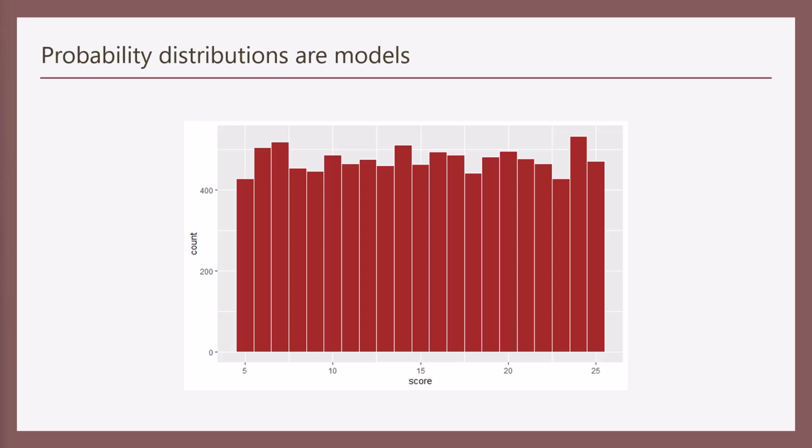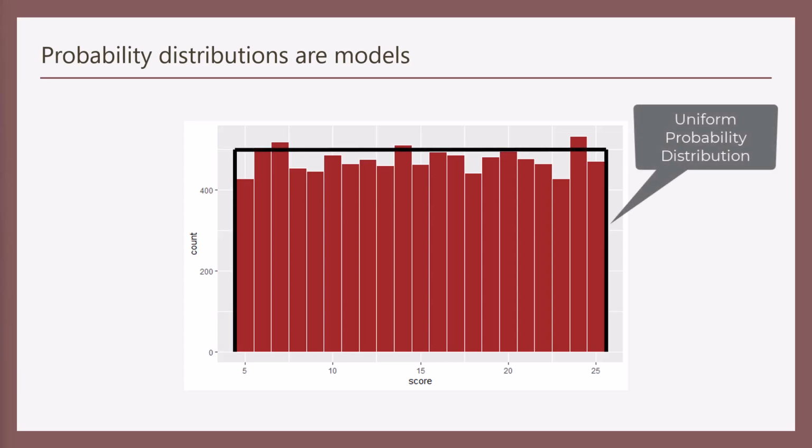If we then look for a function that seems to approximate the data that we're looking at, we might be able to find something like we have here with this uniform probability distribution that matches nicely with what we see in this histogram from the data we collected.